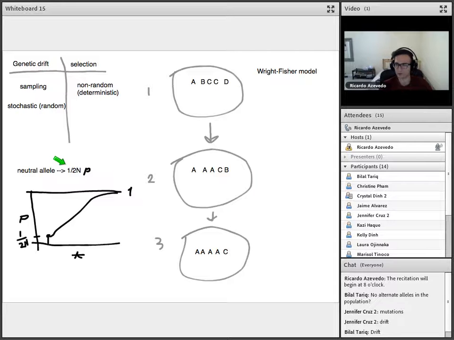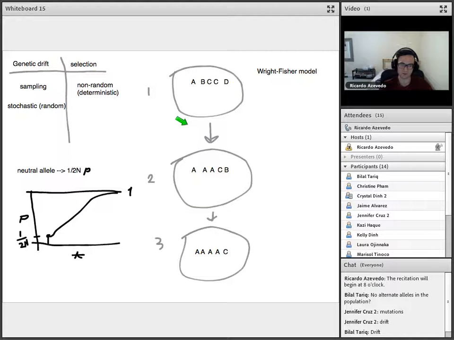Now, since the frequency is 1 over 2n, the probability of you picking it up, as I described in the Wright-Fisher model, where we sample from generation 1 to generation 2, and the sampling is simply picking individuals from the parental generation and creating the offspring, the next generation, the frequency of us picking this neutral mutation is 1 over 2n.